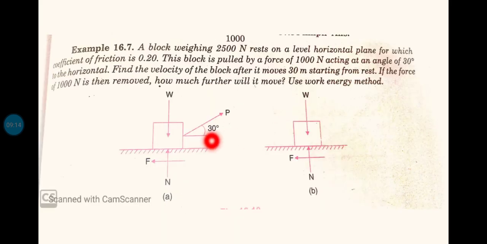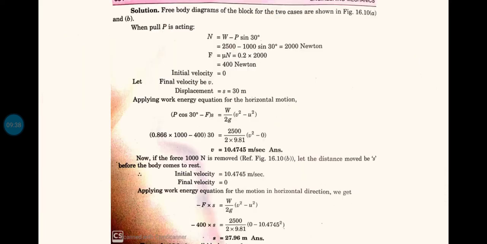Here the body is moving horizontally towards the right, so we want to find the net force in this direction, that means sigma Fx. Along the x direction, P cos 30 is towards the direction of the motion, but F is opposite, so it has to be taken as minus. W and N act in the vertical direction, so they won't have any component along the horizontal direction.